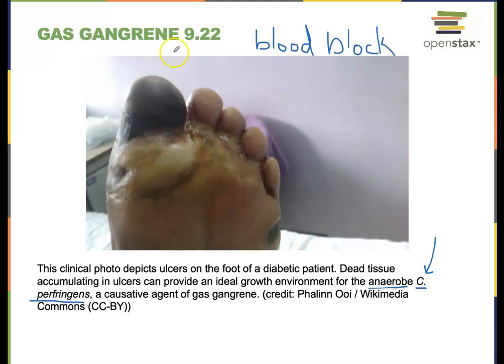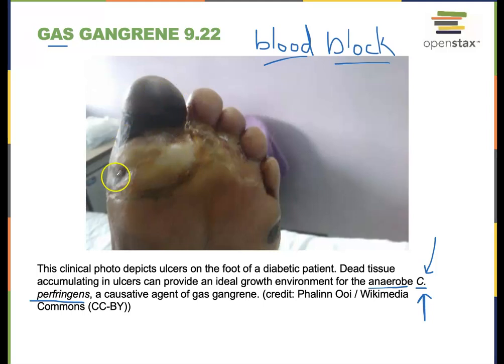Once you have an anaerobic environment and you have Clostridium perfringens in this area, the bacteria can grow. This is not a normal flora microbe, by the way. This is a microbe that invades our body. The gas comes from the fact that the bacteria are fermenting, and gas is a product of fermentation.